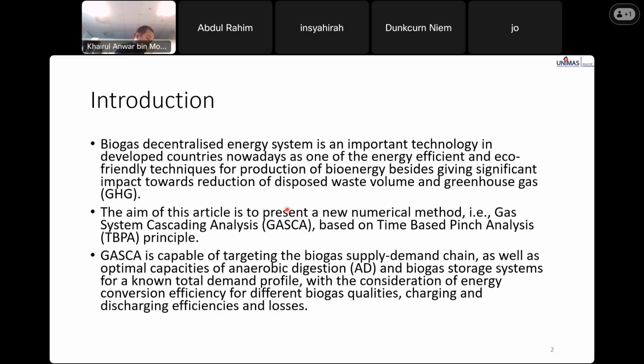The slide is available in elib. The biogas decentralized energy system is an important technology in developed countries nowadays. It is one of the energy efficient and eco-friendly techniques for production of bioenergy, besides giving significant impact toward reduction of disposed waste burden and greenhouse gases.